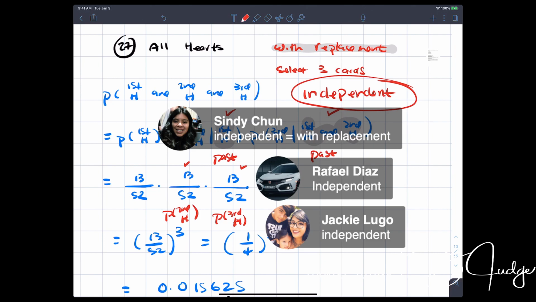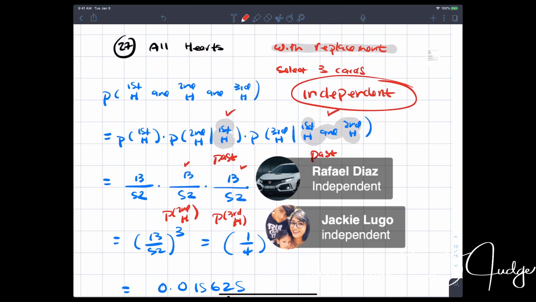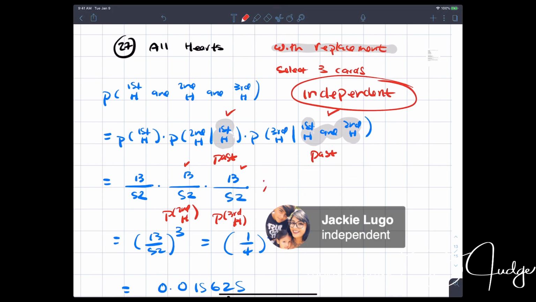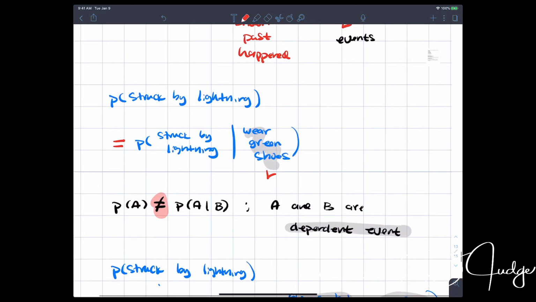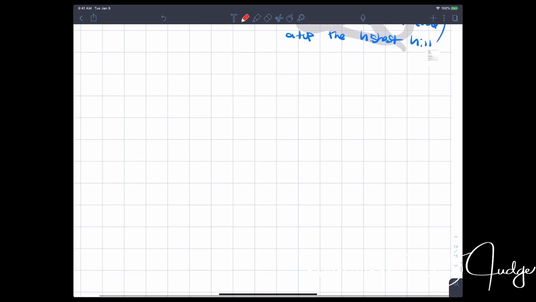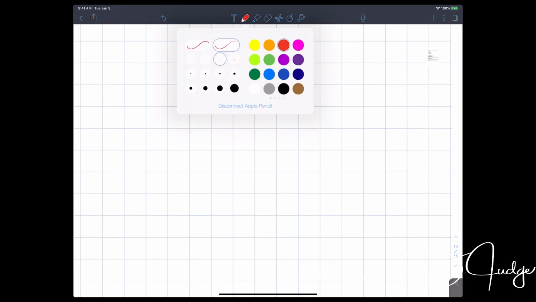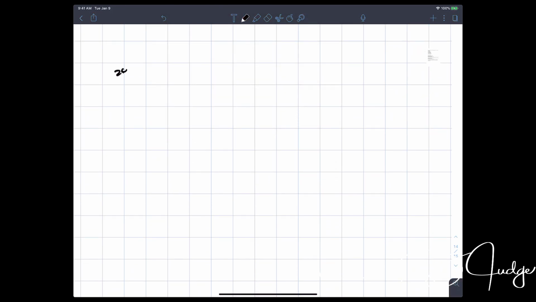Let's look at question number 28 and see if we can put a little bit more of this together. I'm going to change my notation on you guys so you know what I'm talking about.